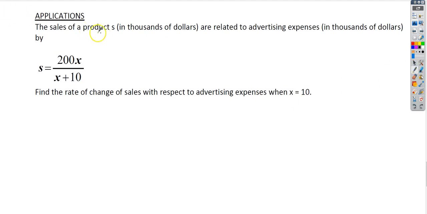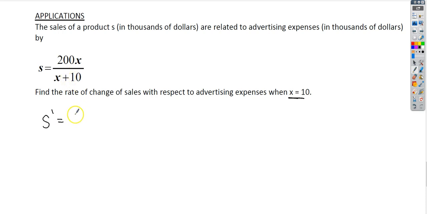The sale of a product S in thousands of dollars are related to advertising expenses in thousands of dollars by this function. Find the rate of change of sales with respect to advertising expenses when x equals 10. Well, we learned that the rate of change was the same as the derivative of the function. So we have the derivative of the quotient.